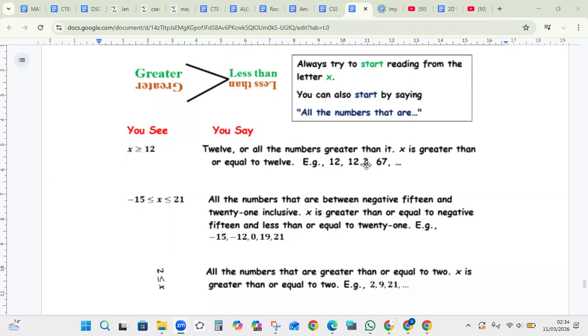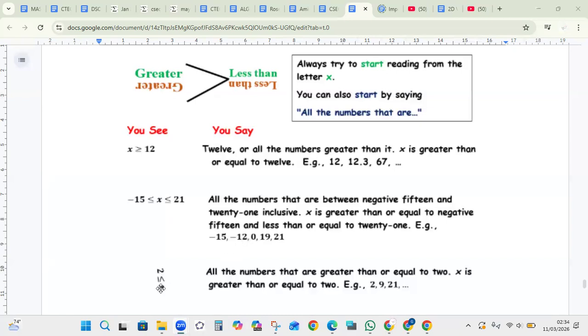Numbers like 12, 12.3, etc. All the numbers that are greater than or equal to -15 and at the same time less than or equal to 21. So -15 and 21 are included, inclusive of -15 and 21 and all the numbers in between. So for example, -15, 21, 0, -12, 10, etc.